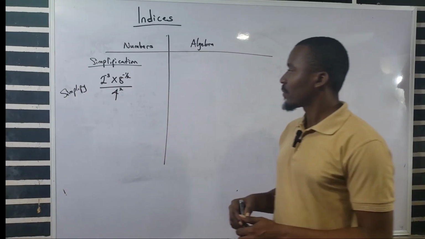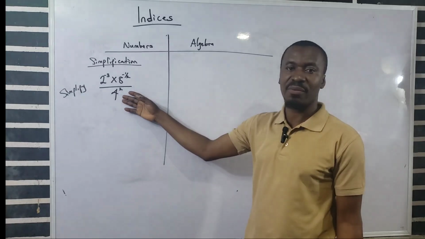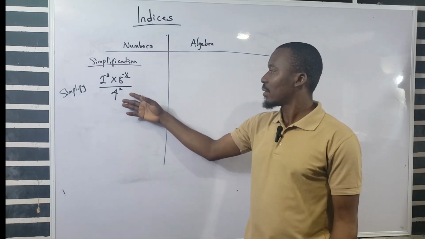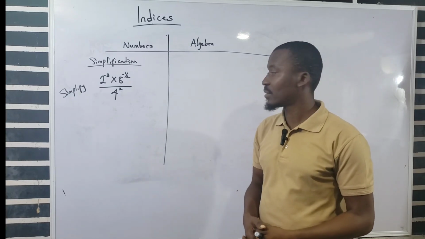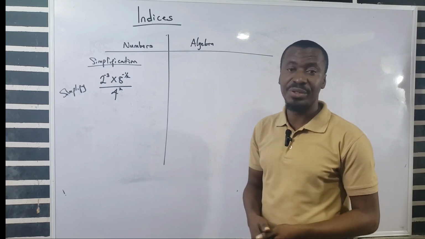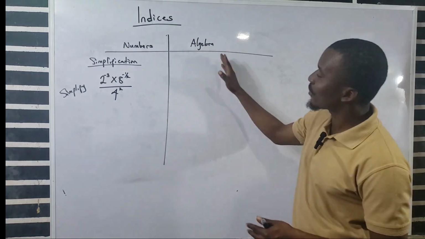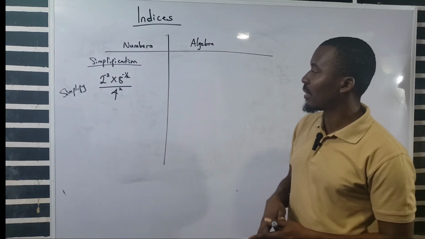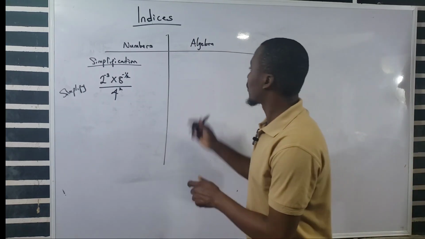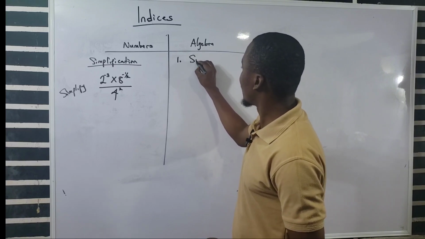Okay, so when you are asked to simplify this, it is an application of indices on just numbers. You can see it's just numbers. There's no unknown, there's no x, there's no y there. So we can also do simplification on algebra. So we still have here, let's call it number 1, simplification.